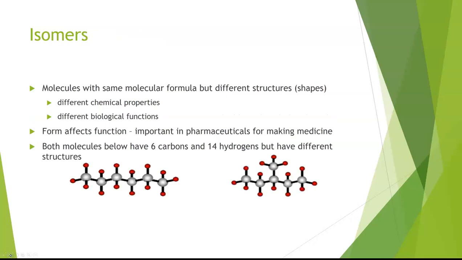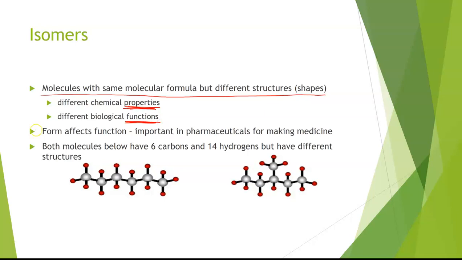Isomers. Basically, what you need to know about isomers is that it is a molecule with the same molecular formula, but a different structure. As a result of those different structures, it's going to have different properties. And in the world of biology, your properties, your form, determines your function.